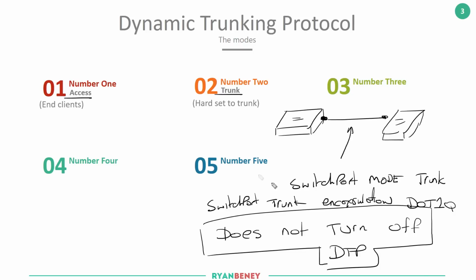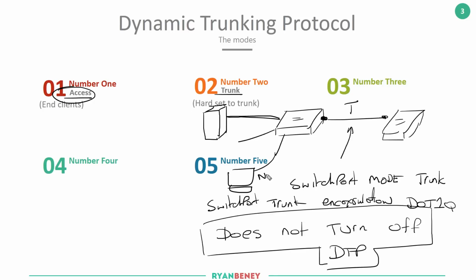Now the other thing, just for completion: what I've said up to now to help you understand trunks is that trunks are normally formed between switches, which they are, and downstream to clients they're normally access, which they also are. However, it is possible to have a trunk to a server or a PC. To a PC, unless you're doing some capturing, there's no real reason to do that, but it can be done.